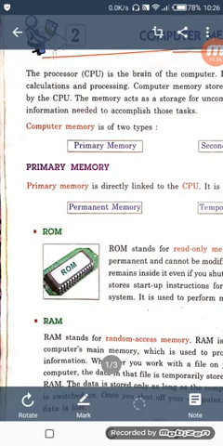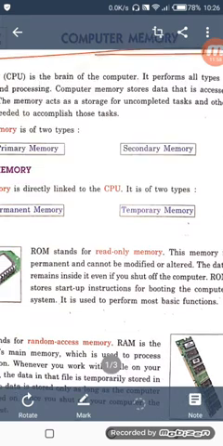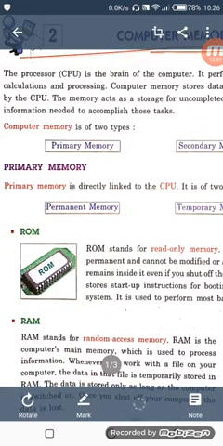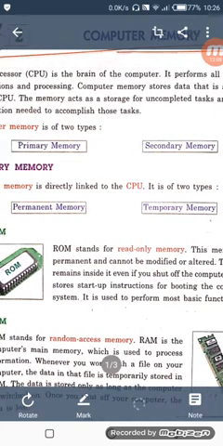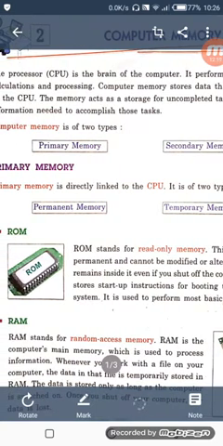Primary memory is of two types. One is permanent and another one is temporary memory. ROM is an example of permanent memory. Permanent means the data will not be lost even if the power is off or the computer shuts down.